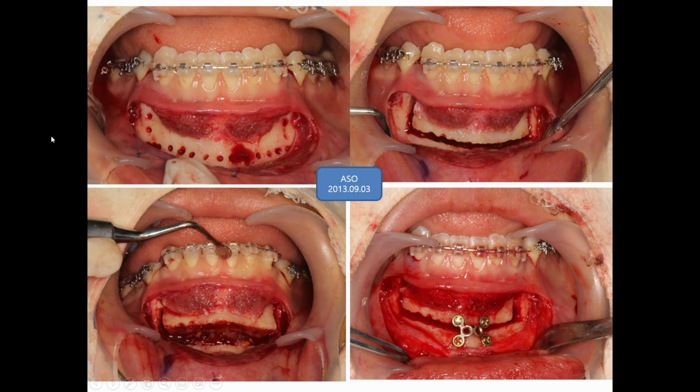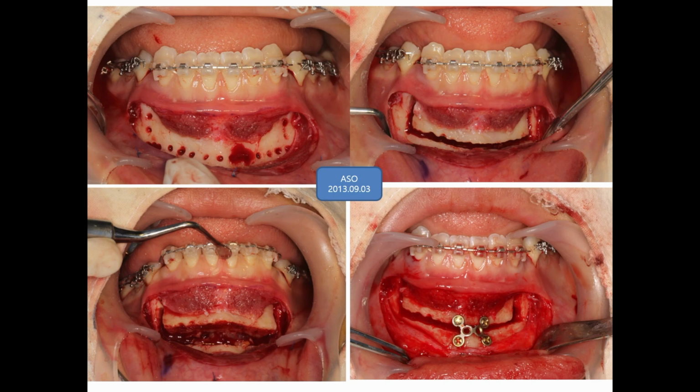Make a hole, and then make it in a line, and then cut the lingual area. The most important thing here is trimming. I will tell you, trimming of the surface is really important when you try to push back.